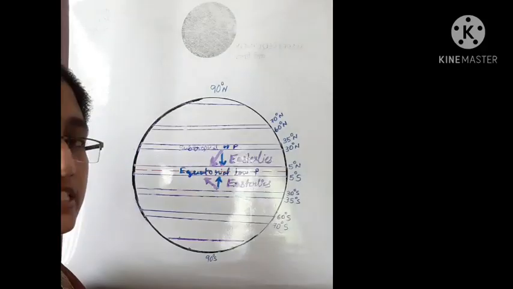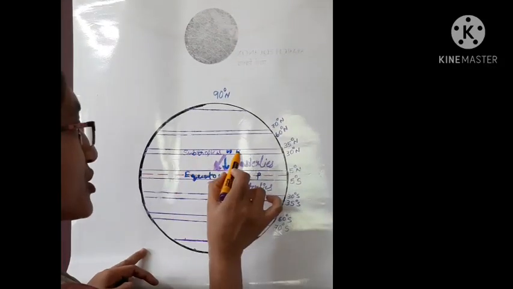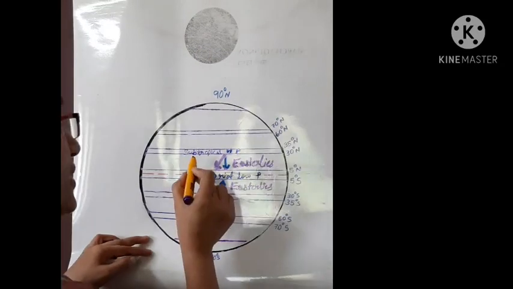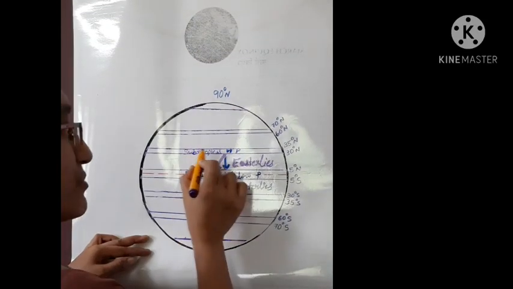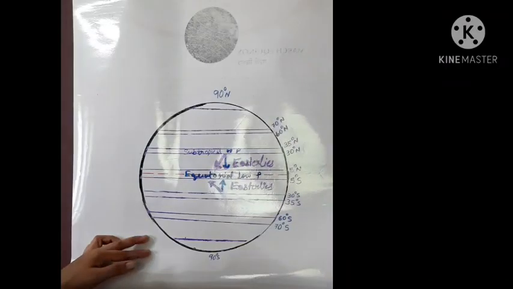Next type of wind is blowing between the subtropical high pressure belt and the subpolar low pressure belt. The subtropical high pressure belt is located between 30 degrees north to 35 degrees north latitudes.